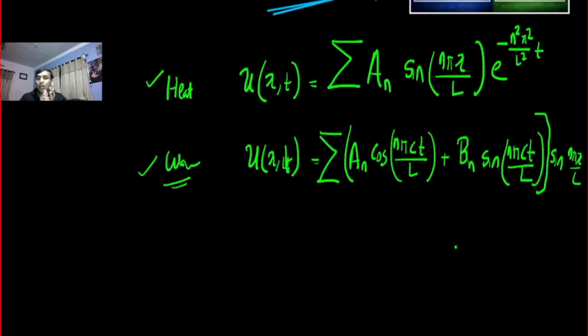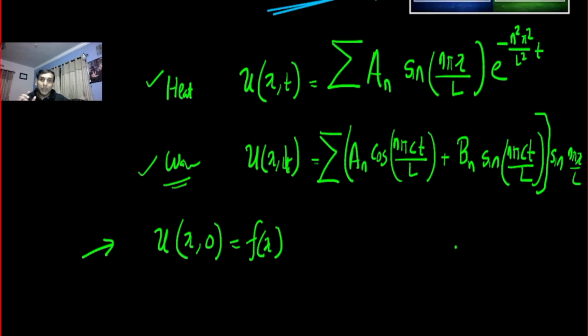Now, the trick in all the problems is how you apply the boundary condition. Now, please write case 1. Imagine in a problem it is given u(x,0) equals some function. It can be given as a linear or a quadratic or any function.